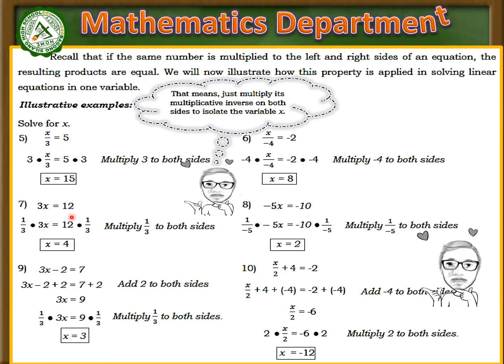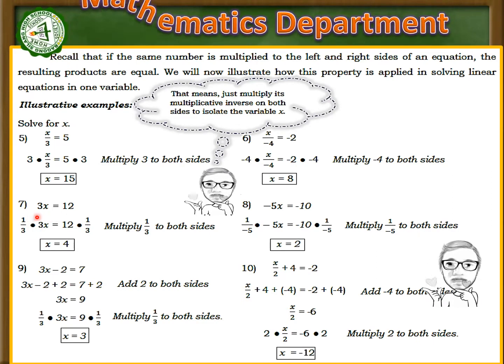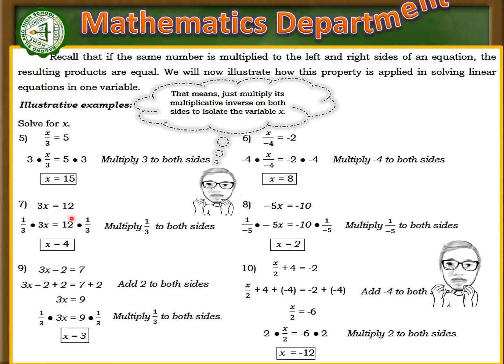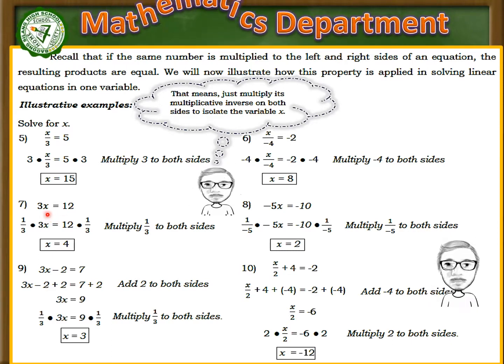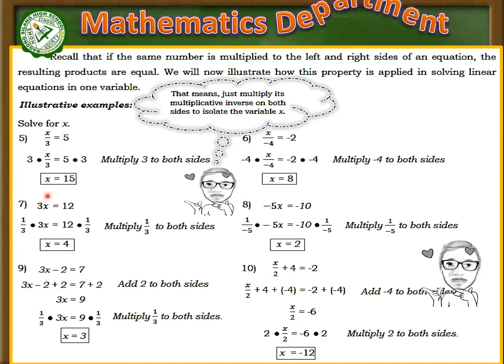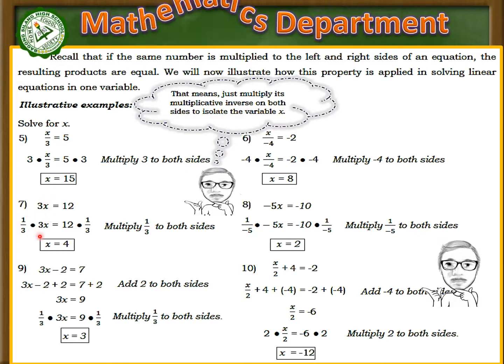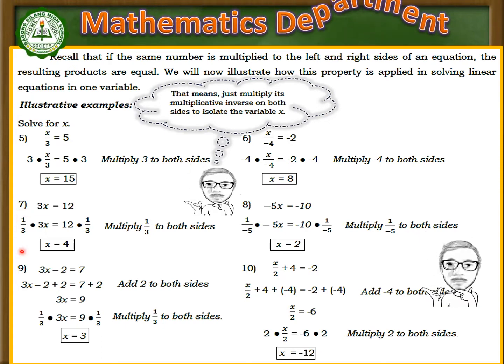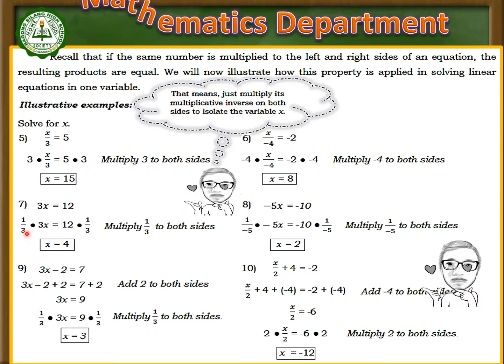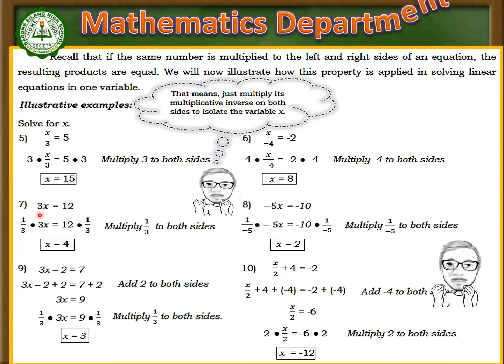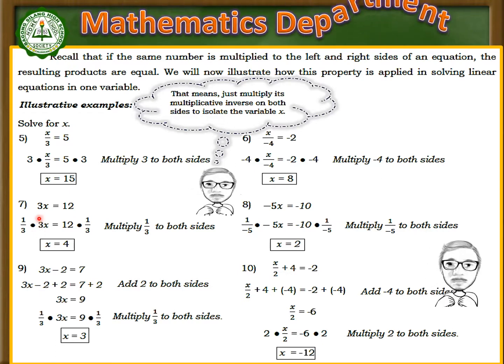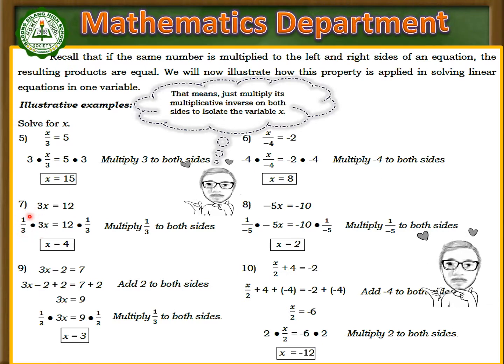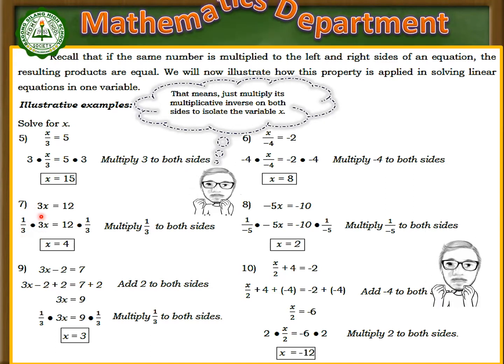Number 7. 3x equals 12. 3 times a number equals 12. So what is the number? What is the value of x? Then again, the multiplicative inverse of 3 is 1/3. Multiplying both sides by 1/3, the numerical coefficient 3 will be cancelled out, or will be equal to 1, because 1/3 times 3 is 1.